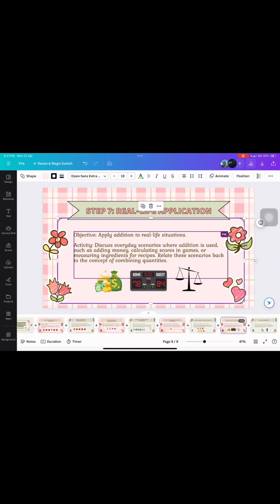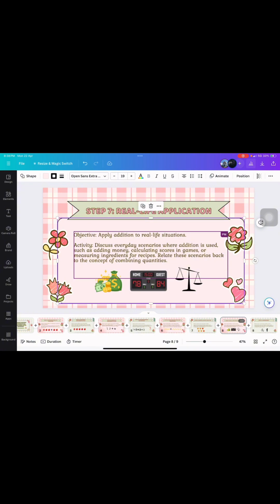This means in our everyday lives, addition is like putting things together to find out how much we have or need. For example, when we go shopping, we add up the prices of items to see how much we will spend. In games, we add our scores to see who wins.